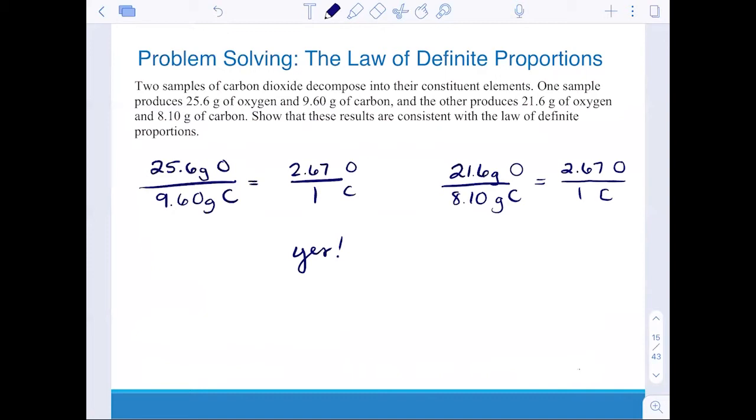Now, the law of multiple proportions is where we can get into a little bit more detail of molecules.